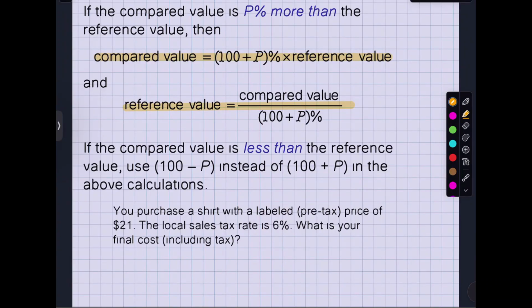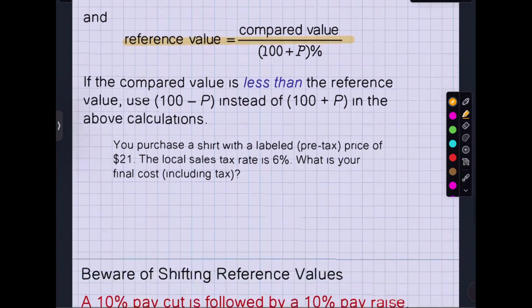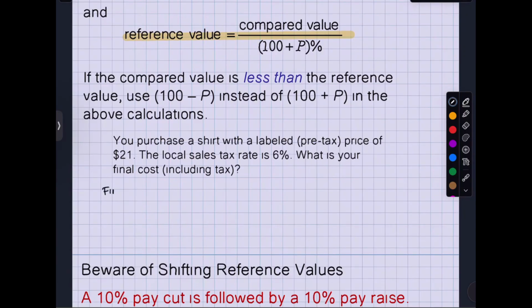What is your final cost, including tax? So you did $21 plus right?